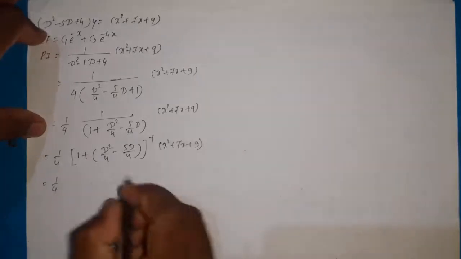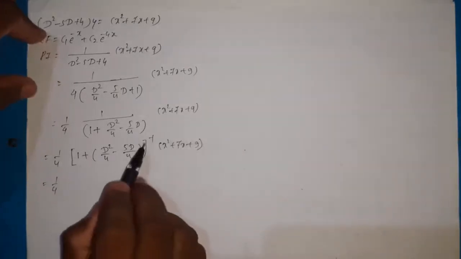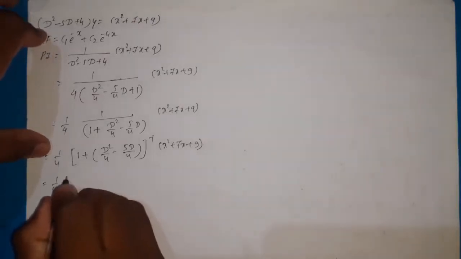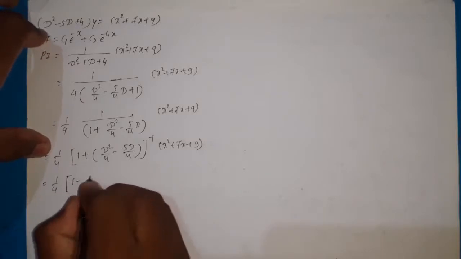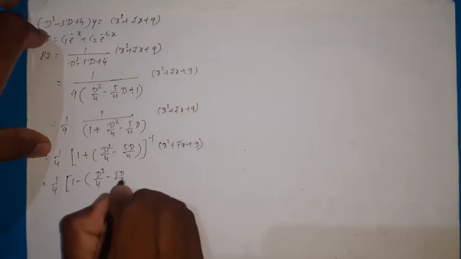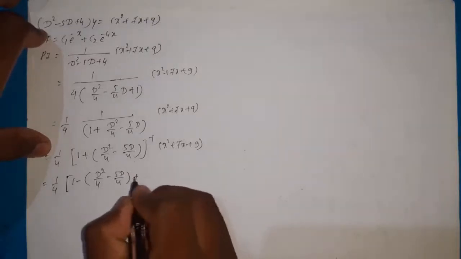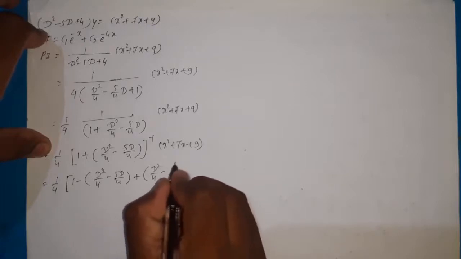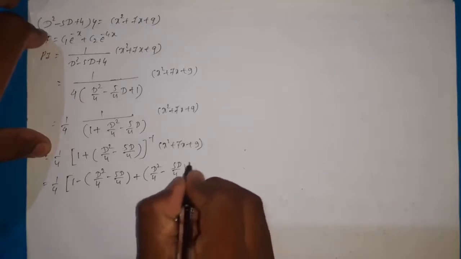So 1 by 4. Now it is of the form (1 plus x) whole power minus 1. So for 1 plus x we will get alternate plus and minus signs. So therefore here it is 1 minus x, where x is D square by 4 minus 5D by 4, plus x square, that is (D square by 4 minus 5D by 4) whole square.